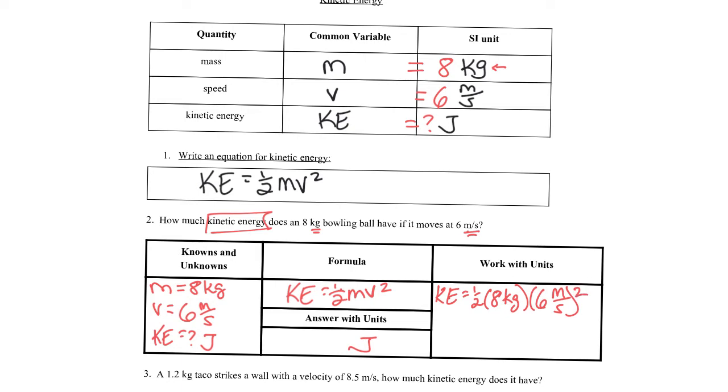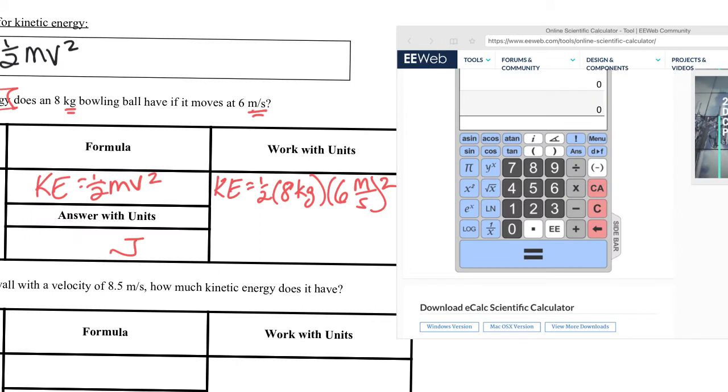When we actually want to do this on a calculator, remember we have to do the squared first. So I'm going to bring up a calculator real quick. How do I put in 1/2 times 8 times 6 squared? There's a couple different ways of doing it. Let's try 6, and then you'll see a squared button over here to the left.